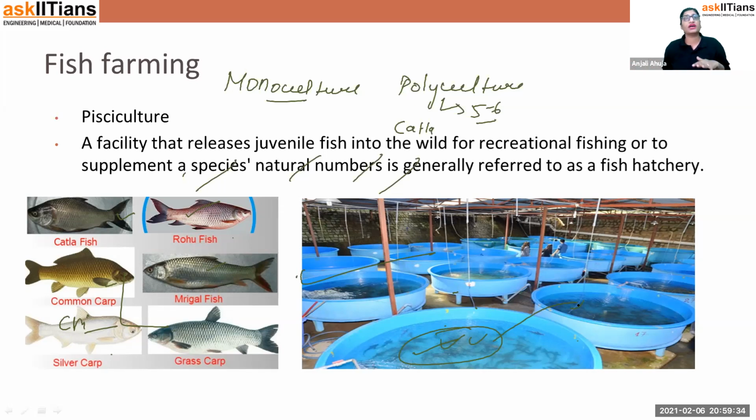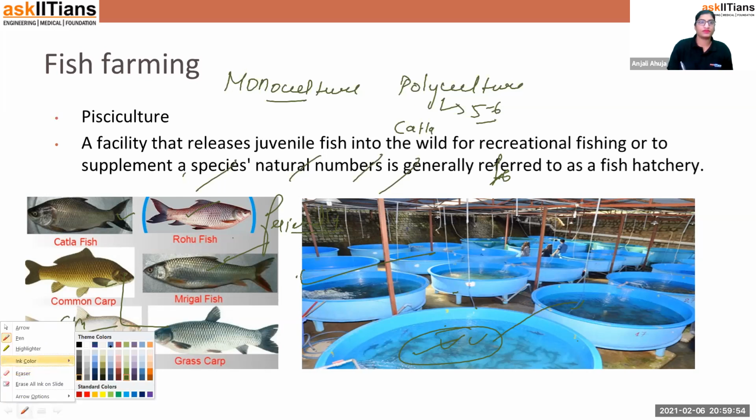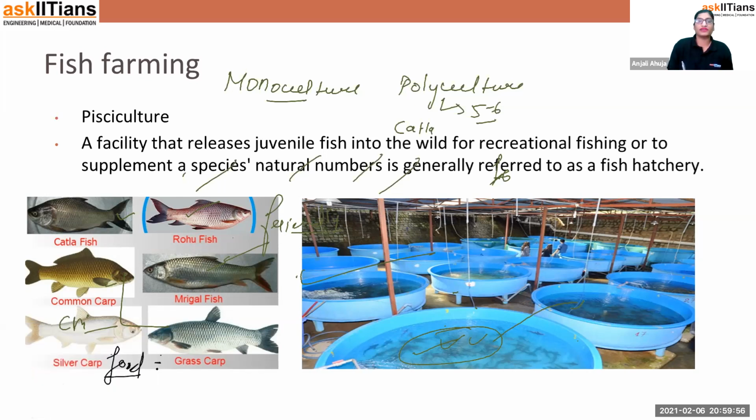Now, guys, when we are selecting the fishes, there are certain things we have to keep in mind. These fishes should not be enemies of each other. They should be friendly in behavior. Their food requirements should be different, because when they have the same food requirement, there will be competition. When they have different food requirements, there will be the least competition among them, and their growth will be better.